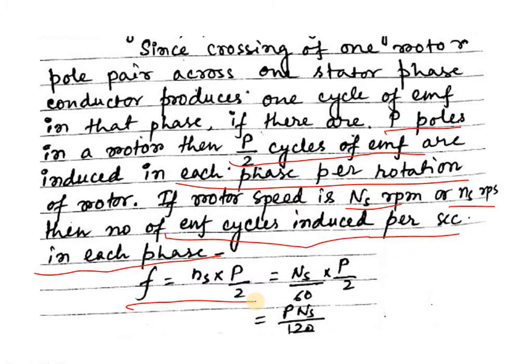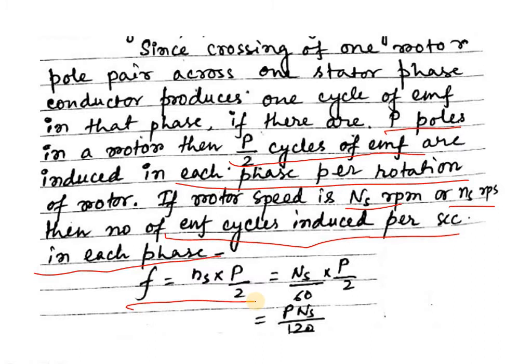That is frequency. So, the speed of the rotor is Ns, and P by 2 cycles of EMF are induced. That means the frequency will be Ns into P by 2. And if I represent that Ns in RPM, then it will be capital Ns by 60 into P by 2.